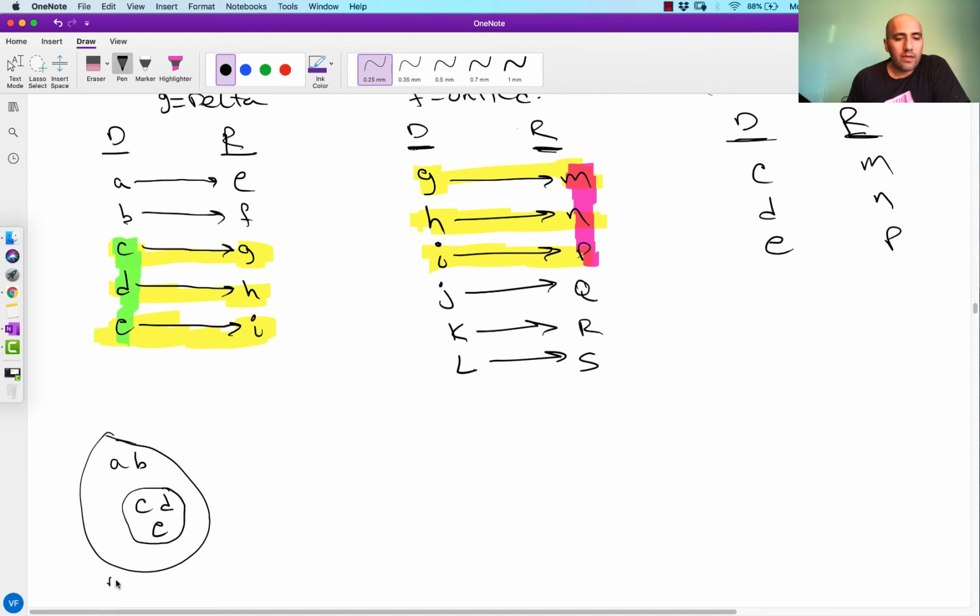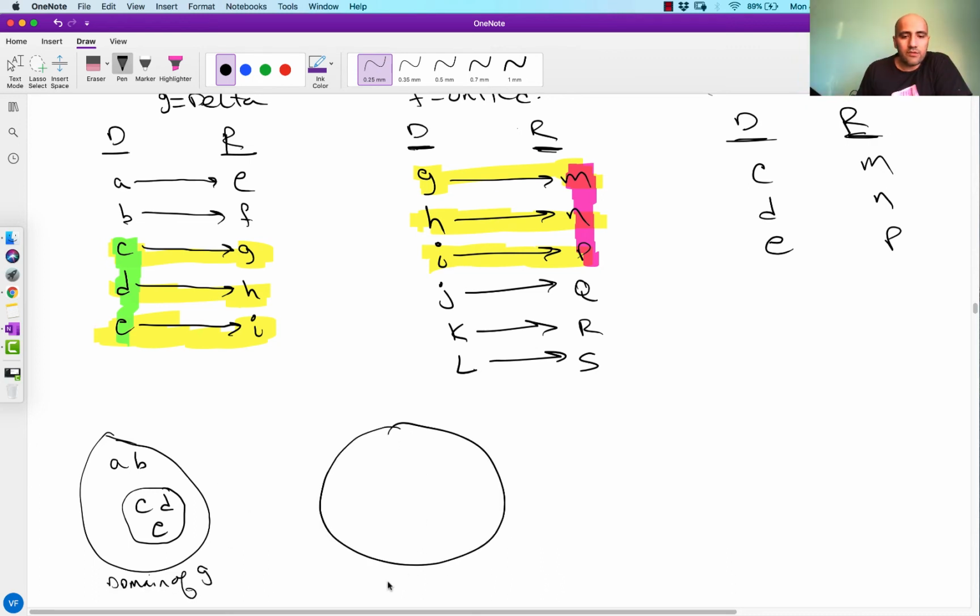And this is the domain of G, and that would lead to a range of G that has these values. So there's an E and there's an F in there, and then there's these other range values, the G, the H, and the I. And then there's an overlap.